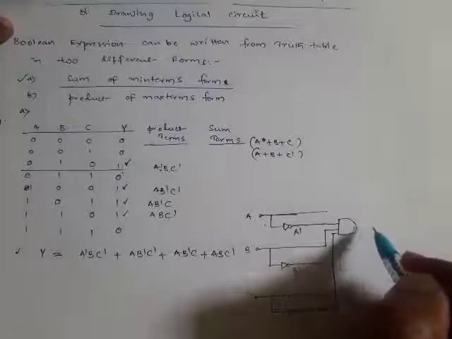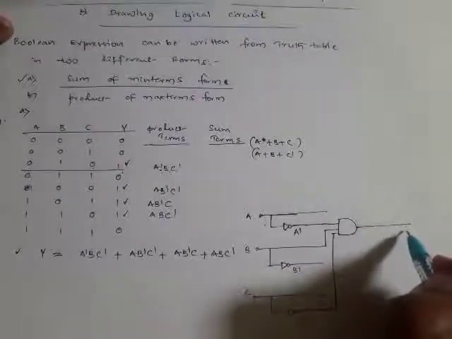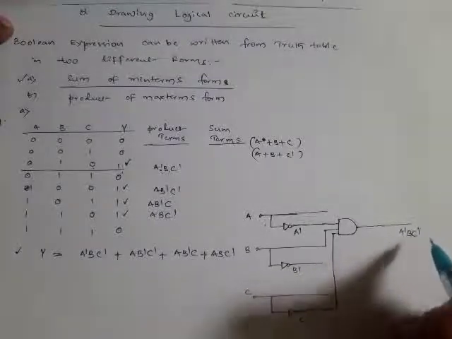The output of this AND gate becomes A bar B C bar.